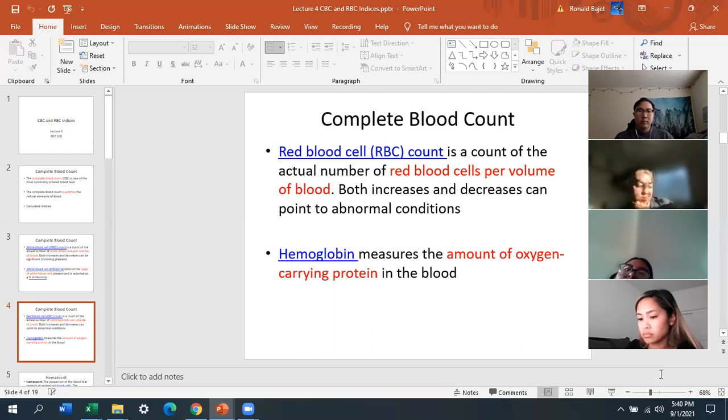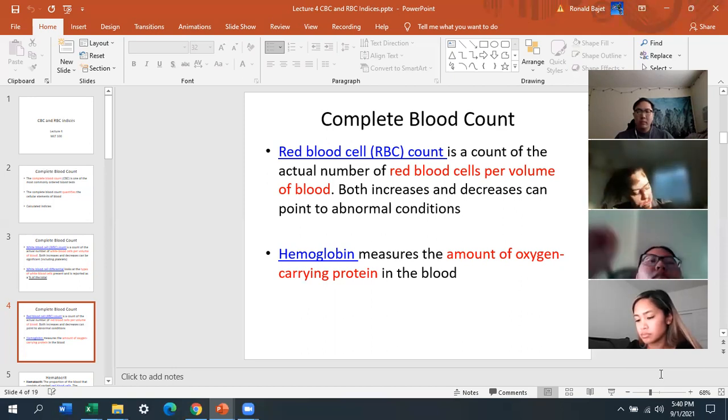Am I correct on that? Yes. You guys memorize your normal values, right? Yes. Okay.